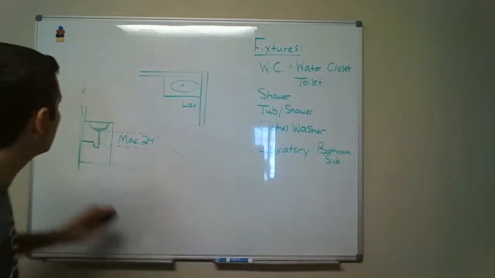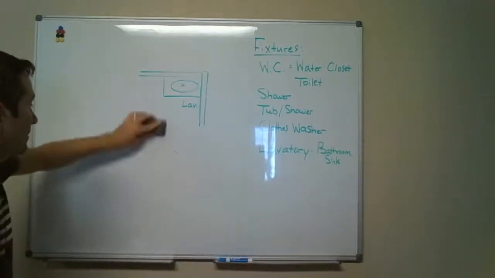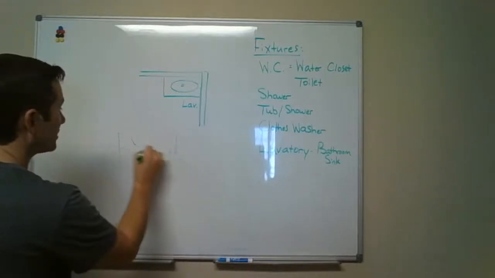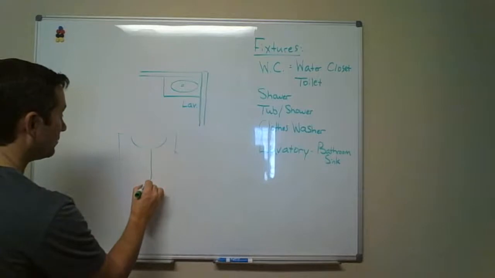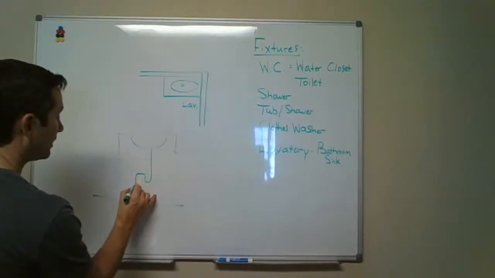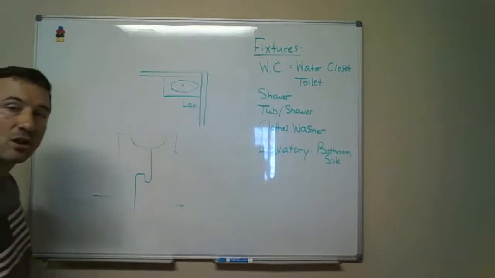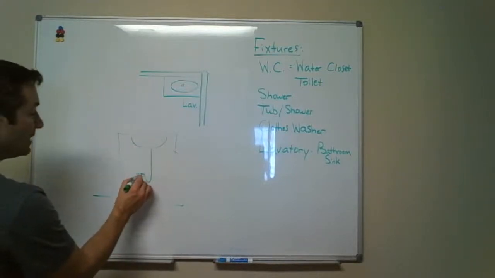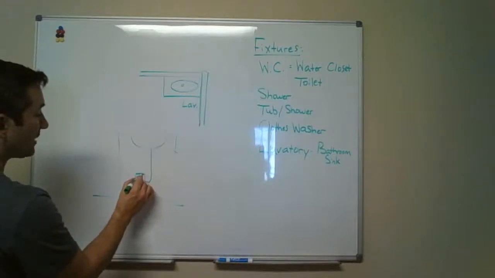Now, in some cases, you'll look under some sinks and you'll see it come down, trap because it can't go underneath, and then turn over and go back down. That is also illegal. It's not allowed. You can't drop after the P-trap.